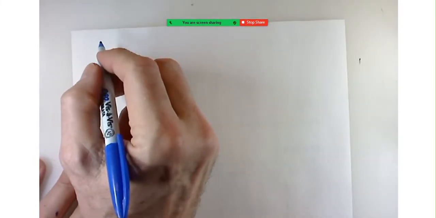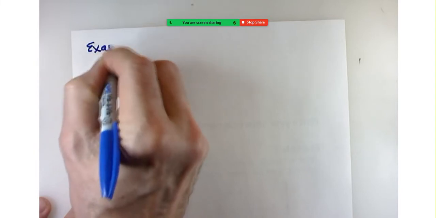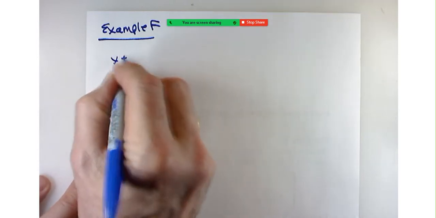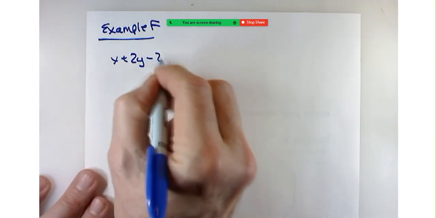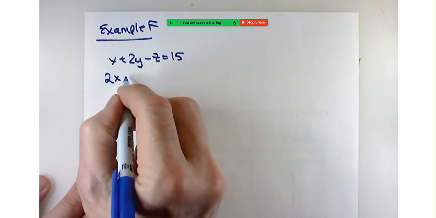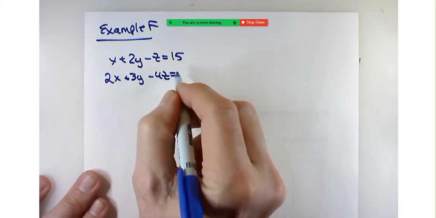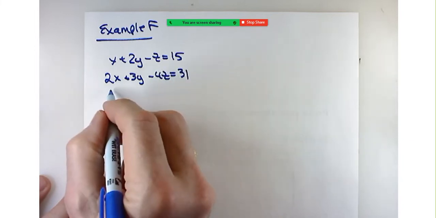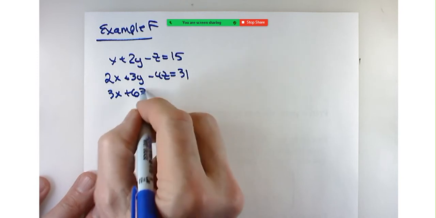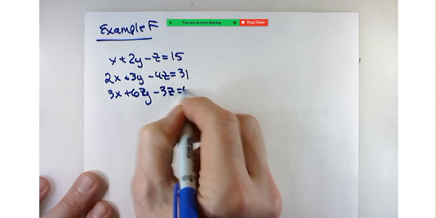Example F. And yes, I am skipping example D. So x plus 2y minus z equals 15. 2x plus 3y minus 4z equals 31. And 3x plus 6y minus 3z equals 46.